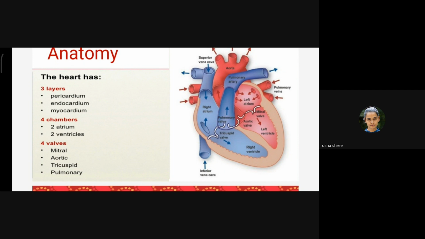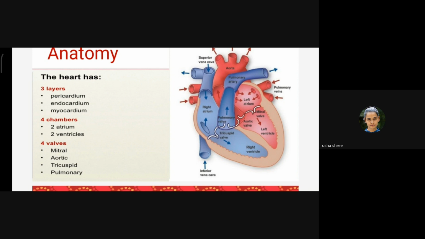From the lungs, oxygenated blood is coming through the pulmonary vein to the left atrium, and then to the left ventricle, and from the left ventricle the aorta is generated and oxygenated blood reaches throughout the body through the aorta.